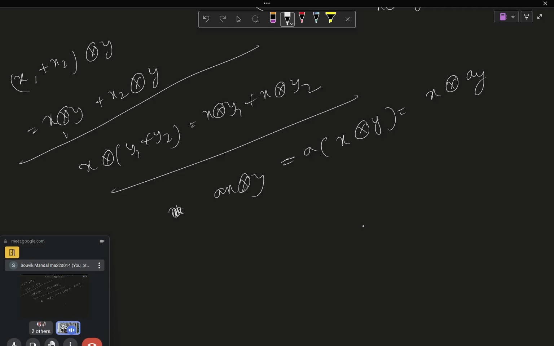These are the three relations that hold in the module C by D, which is nothing but M tensor N. So tell me, till now, do you understand what is going on?